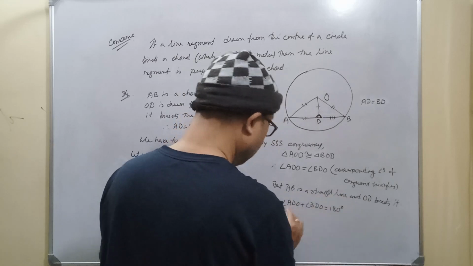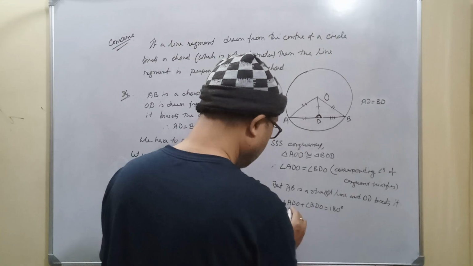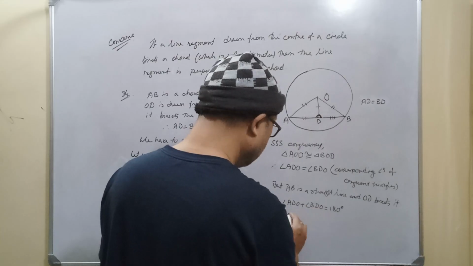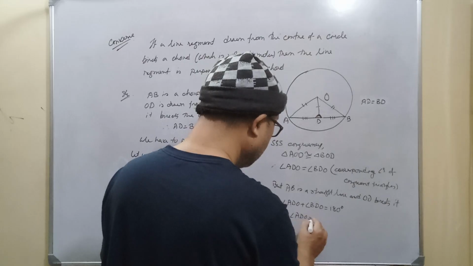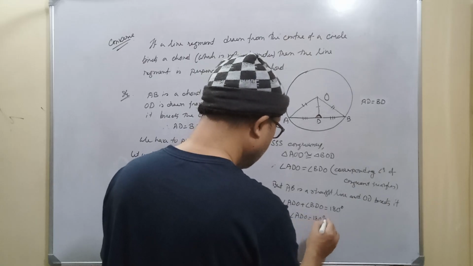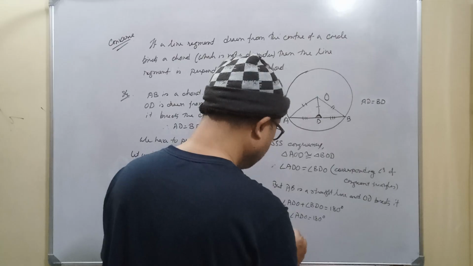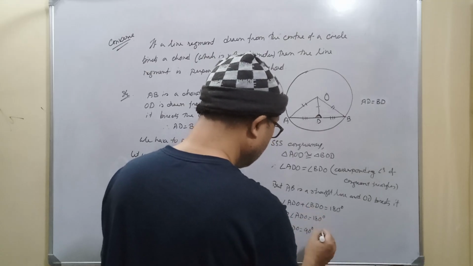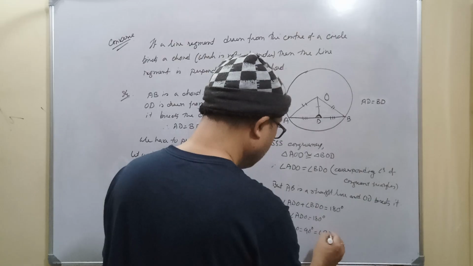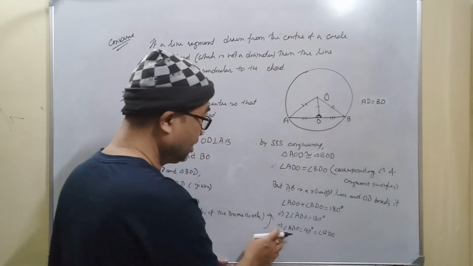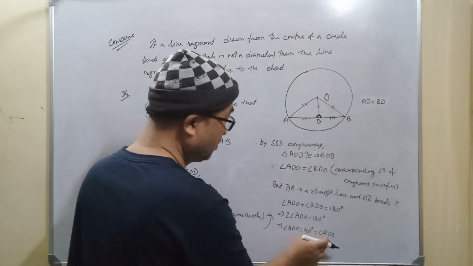AB is a straight line and ADO is equal to BDO. So we can write twice ADO is equal to 180 degree, which means ADO is 180 by 2, it is 90 degree. ADO is equal to 90 degree, which is equal to BDO.